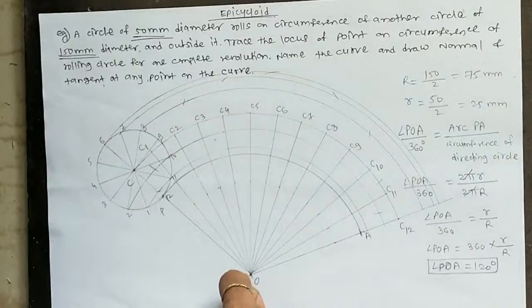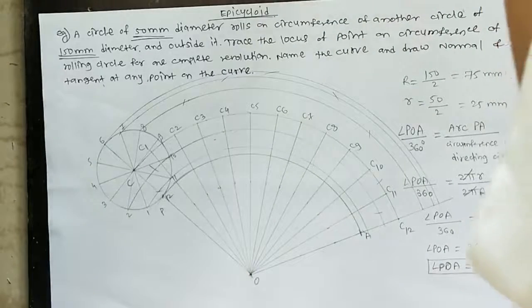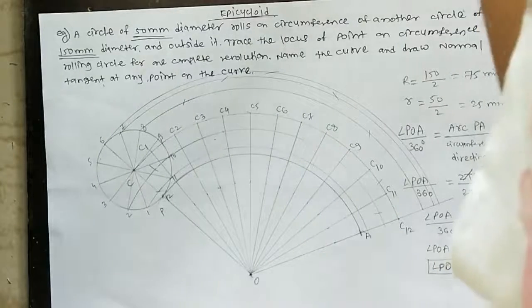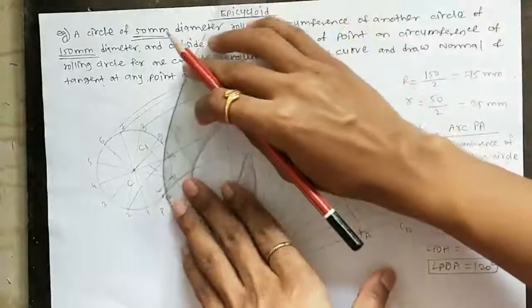Now draw a smooth curve by using French curve. And join all these points. So I am drawing it.